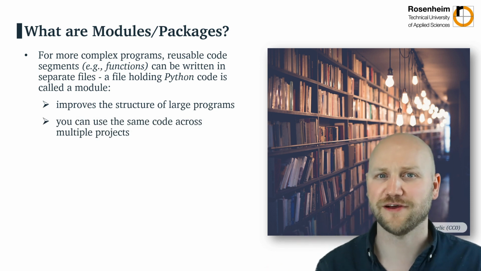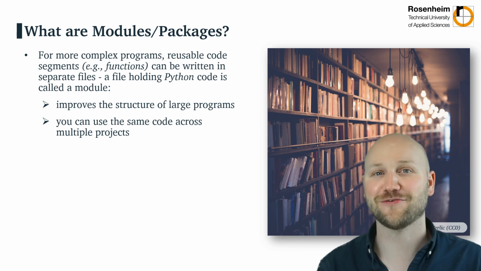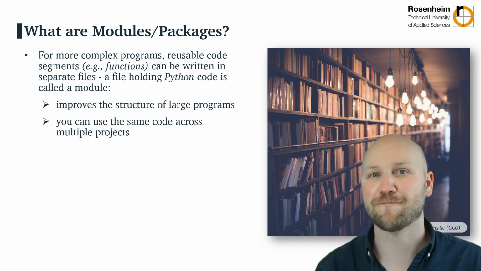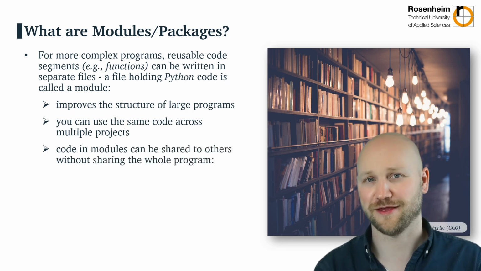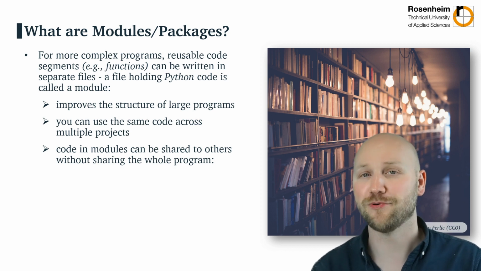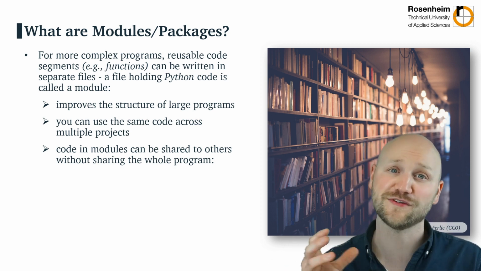So if you are a professional data scientist and you have code that you are using over and over again in all these projects, you can write a module and then just use this module in all your software projects. And the most important thing, in my opinion, is you can share the code with others, and more importantly, other people are sharing the code with you.